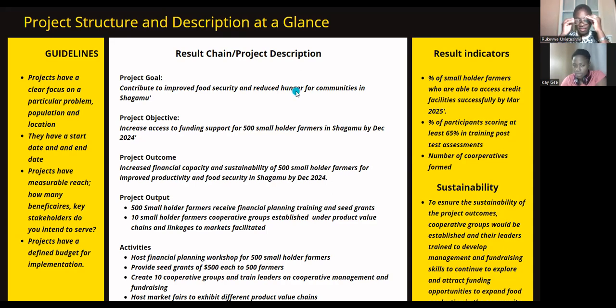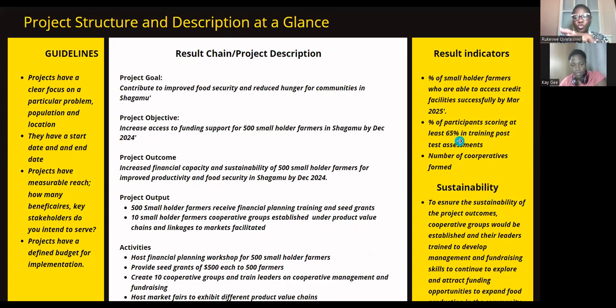Abraham, if you look at the screen, is there anything here that is missing from your version of the project plan, the proposal plan? You have the project goal, the project objective, the output, and the activities. The indicators are missing. See, the indicators are there on the right. Okay, my screen is covered.